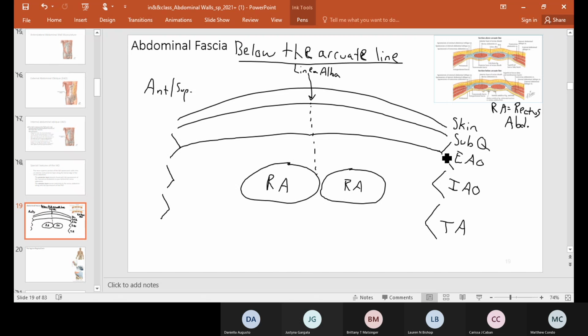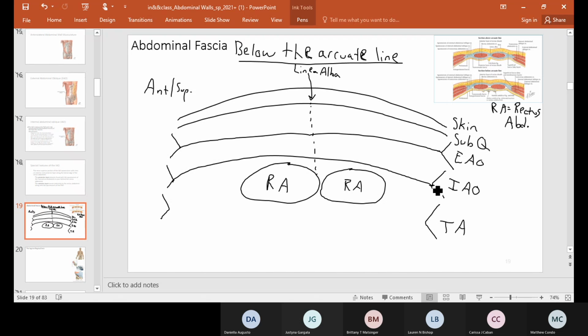The fascia of IAO is all going to ride superficial to rectus abdominis. So the entire layer of fascia, the entire sheet of fascia, is going to stay superficial. You don't see splitting below the arcuate line, and that's the huge big example.